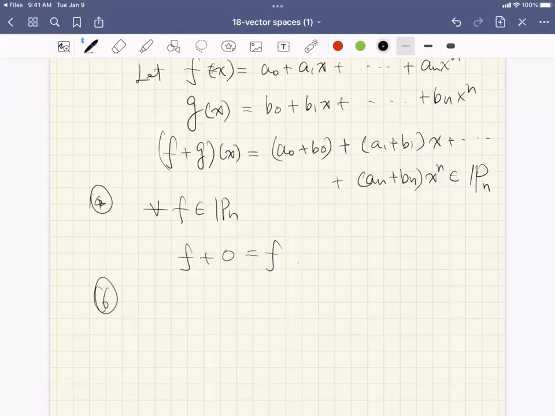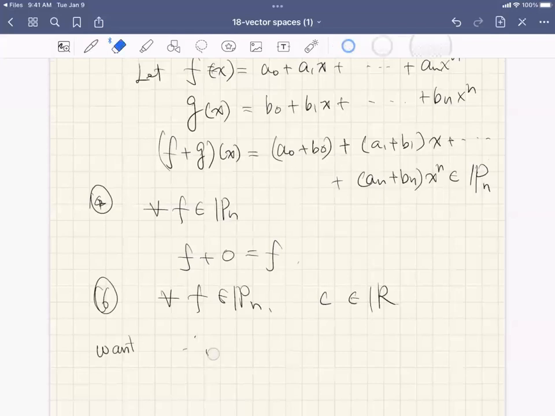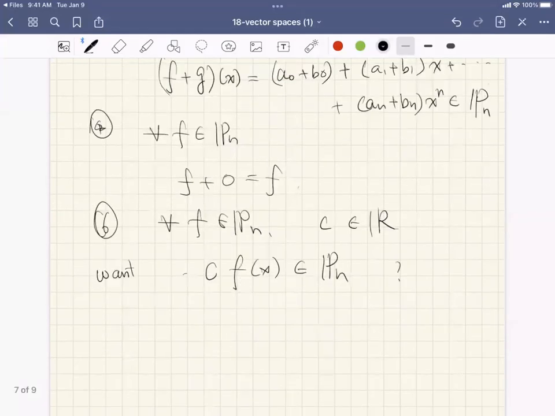And number 6, you want to prove that for any f in Pn and c in R, c times f(x) is still in Pn. I will leave it as an exercise.